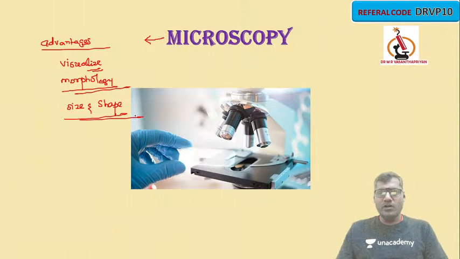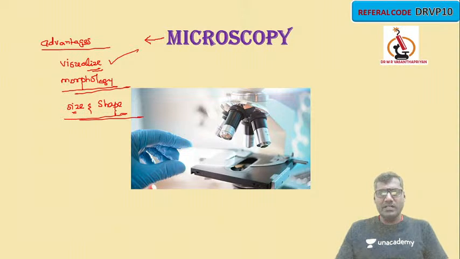So first, whether the microbial agents are present or absent, we call just visualization, done from the clinical sample. Number two, the morphology has to be assessed, and during the morphological assessment the size and shape assessment is also done.